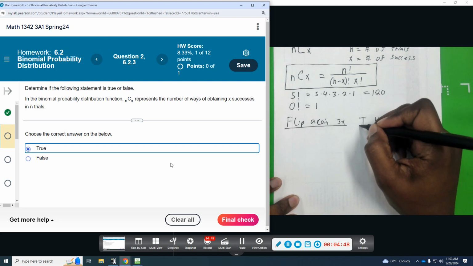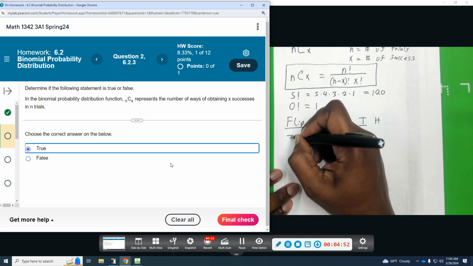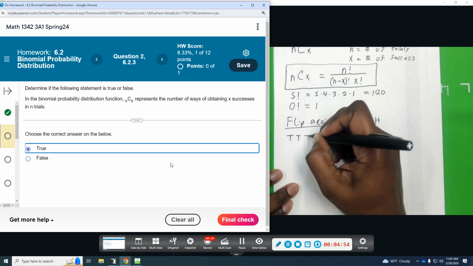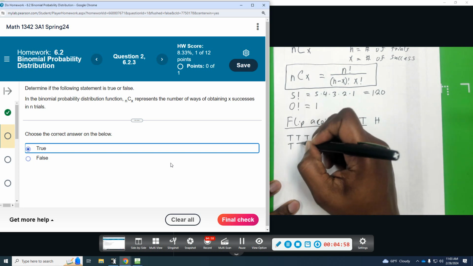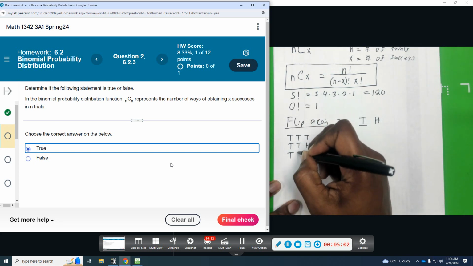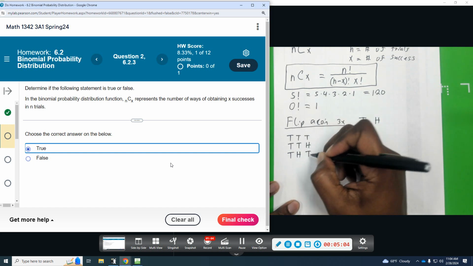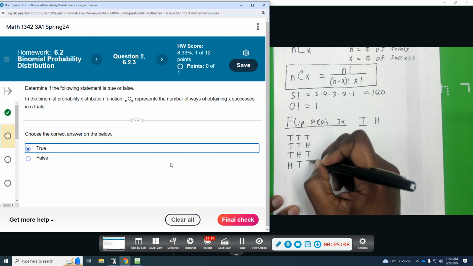I want to say that tails is going to be my success. So if I flip it 3 times, I can do tails, tails, tails. Or it could be tails, tails, and then heads. Or it could be tails, heads, tails. So I've got heads, tails, tails.